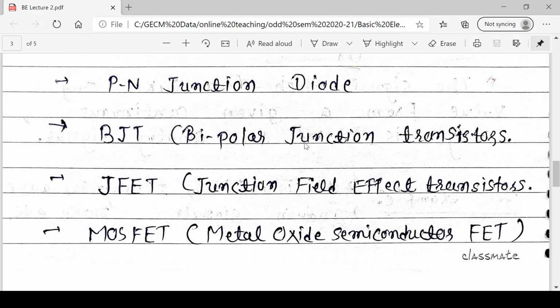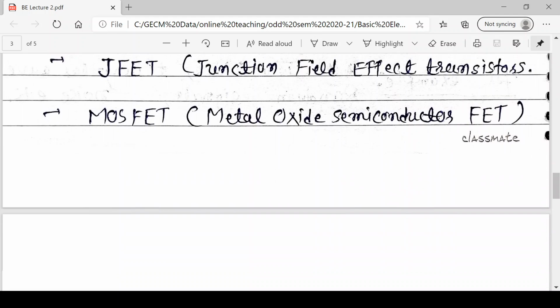How it is different, we will see in future lectures. Then JFET is slightly modified and it makes MOSFET, metal oxide semiconductor field effect transistor. It has also two subcategories which we will discuss in later lectures.